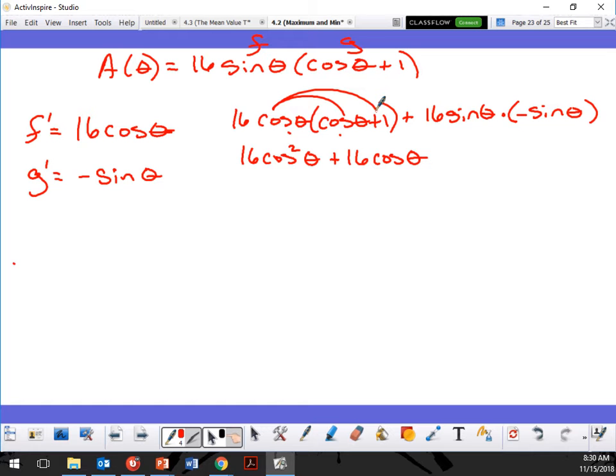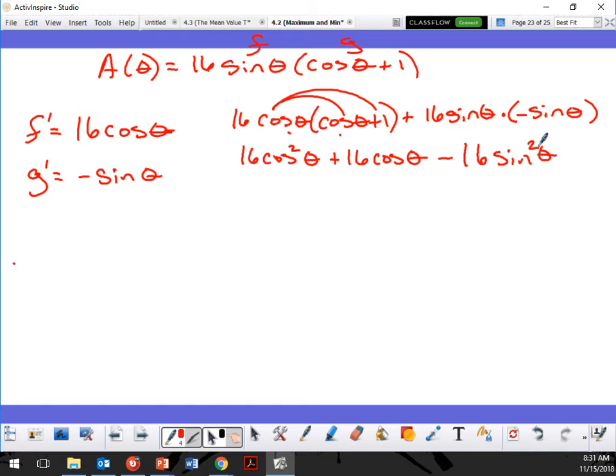And this is going to multiply to be minus 16 sine squared theta.